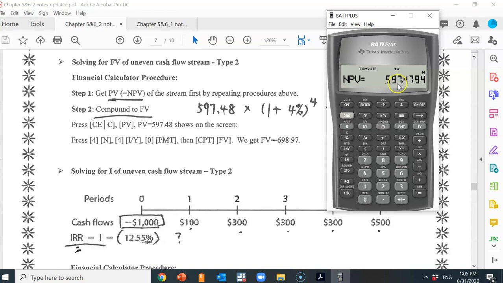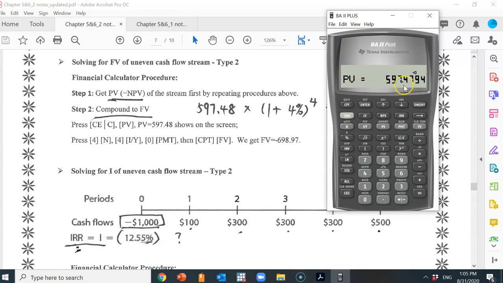You can either write this number down so you can input it as present value again and compound this lump sum to get its future value using the TVM worksheet, or you can press CE/C here. So you get out of the function, but you still have the numbers on the screen, and you press PV. So you successfully input present value as 597.